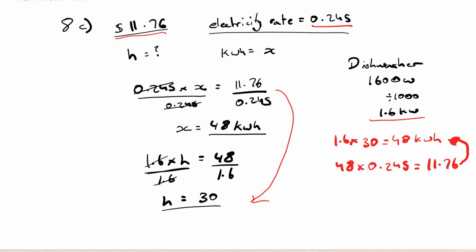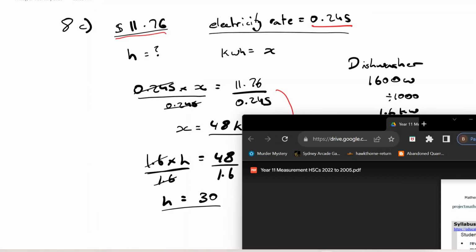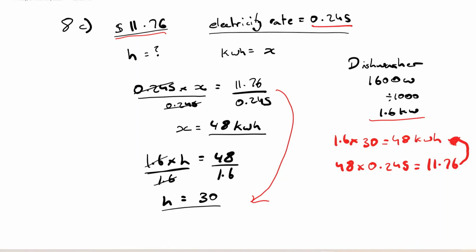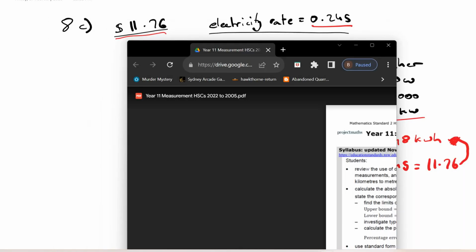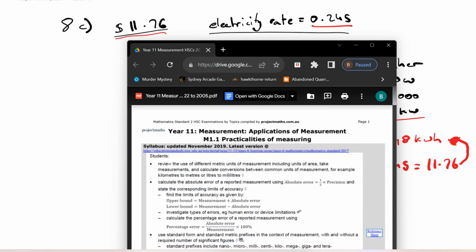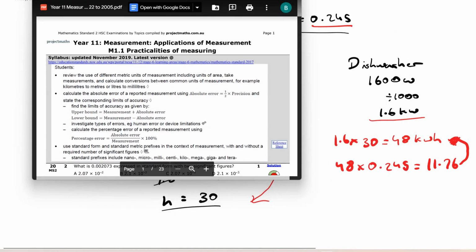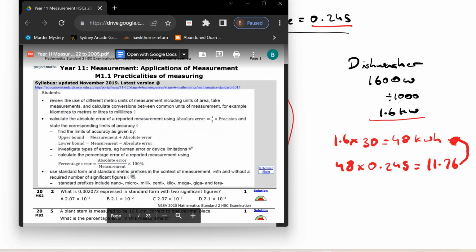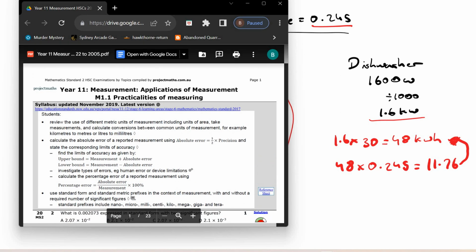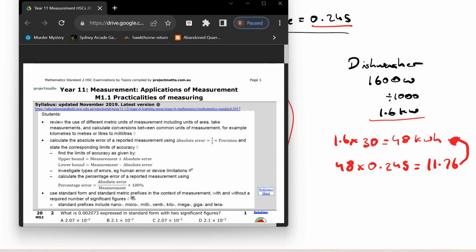Alright, now let's go to project maths. So to get to our questions, what we need to do, we need to go project maths, and we're looking for M1.3.